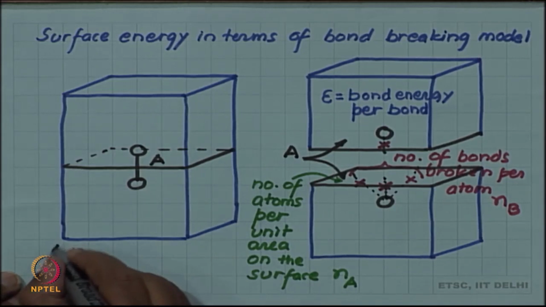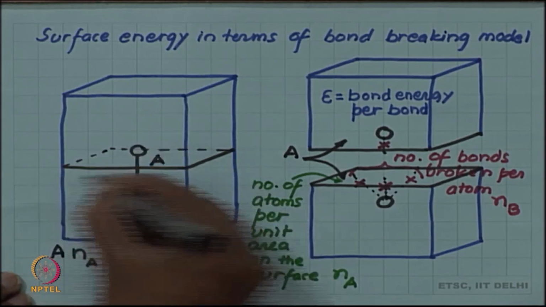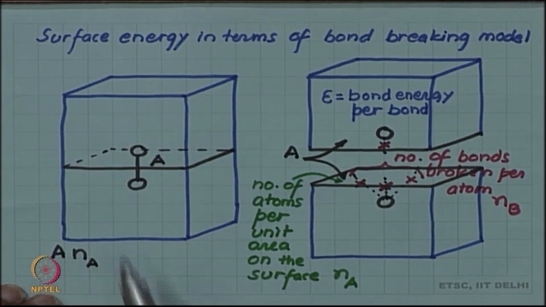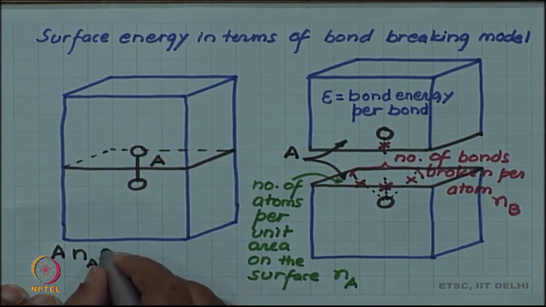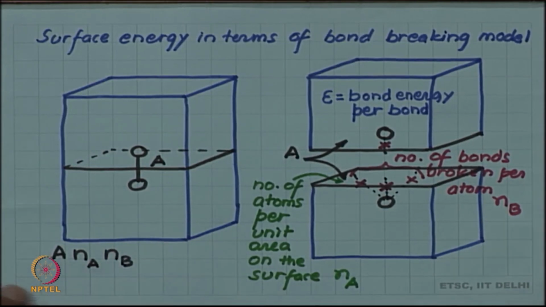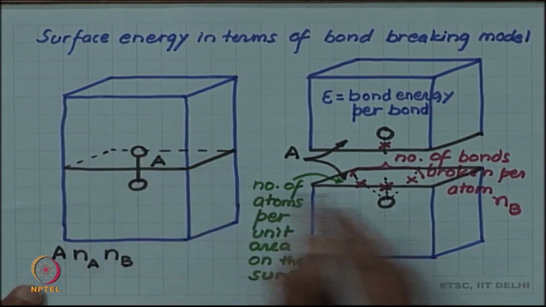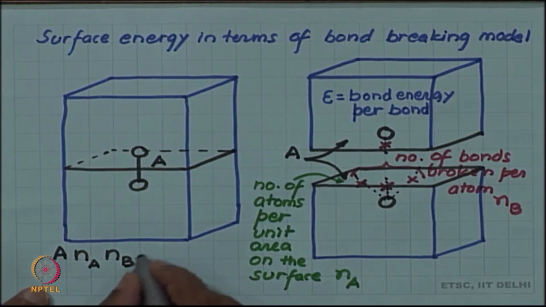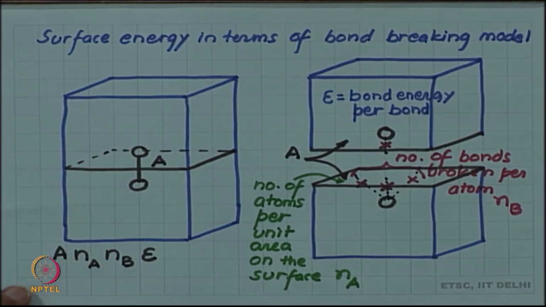I multiply that by area A over which I am breaking it. So, A times Na is the number of atoms sitting on this area. Each of them has Nb bonds. So, this is the total number of bonds which I have to break to create these two surfaces, and each bond requires epsilon energy to break it.